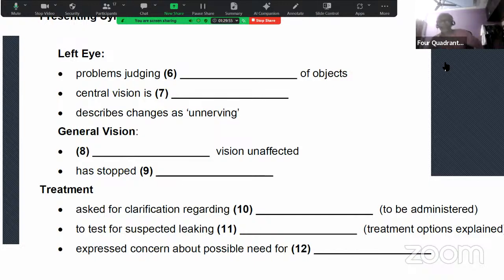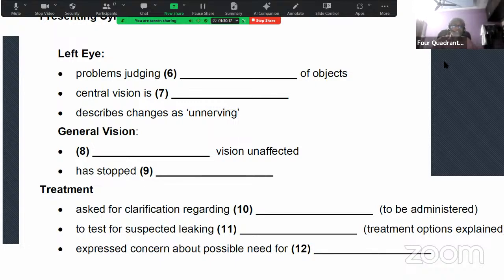Injection is something different. Treatment is a type of treatment. Ask for clarification regarding what treatment. Okay. What treatment. So that you have to say there.